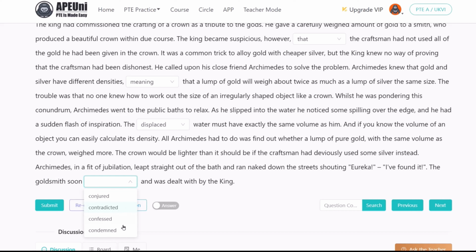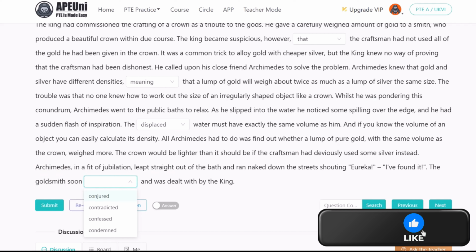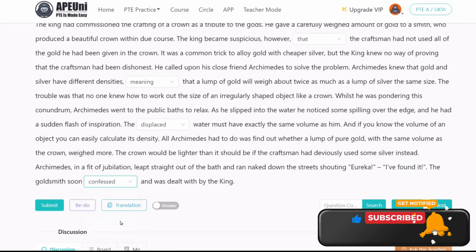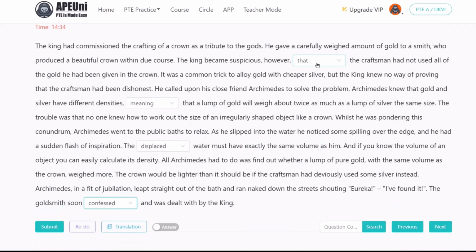This is not the right option. Next one is condemned. Condemned refers to sentencing or expressing strong disapproval. The goldsmith here was the one confessing, not judging others. For example, the court condemned the criminal for his actions. Make sense? The correct option is confessed. So we have chosen that, meaning, displaced and confessed.